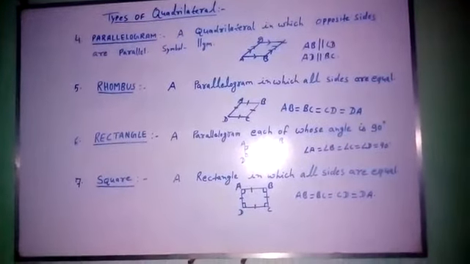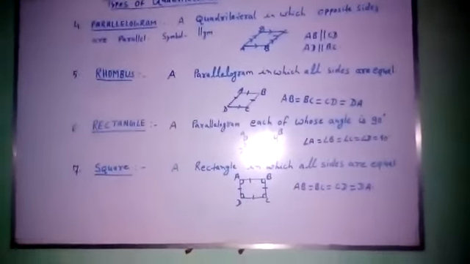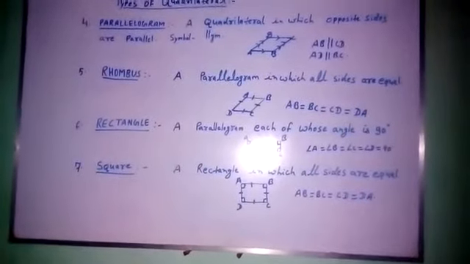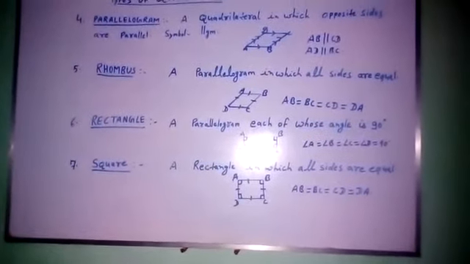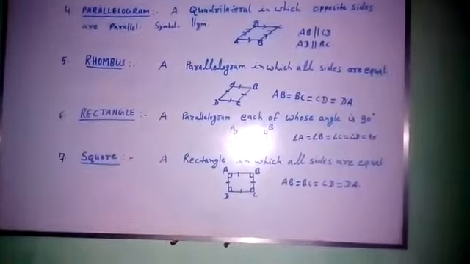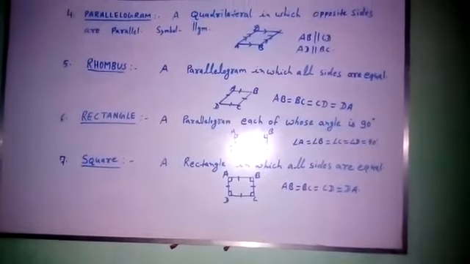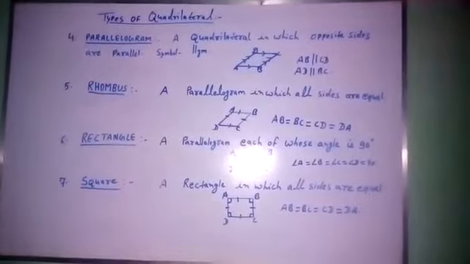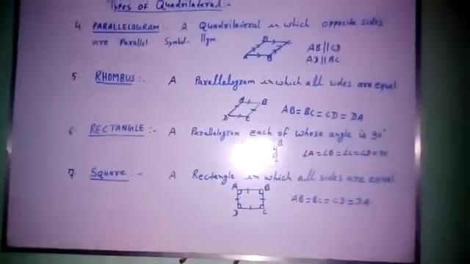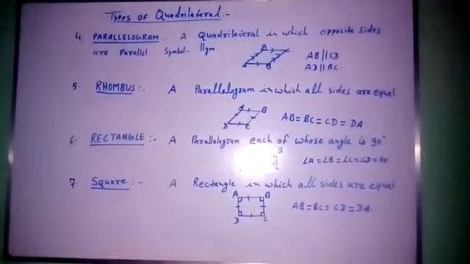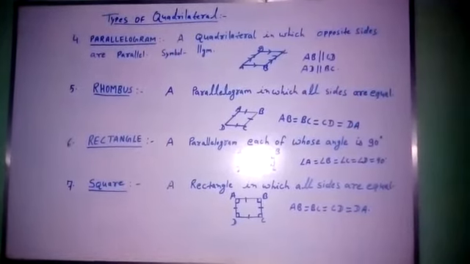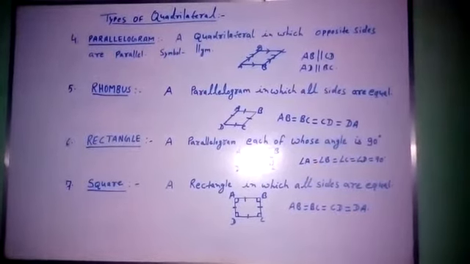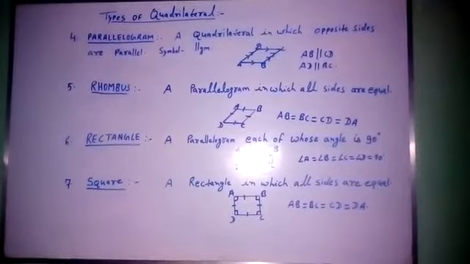In the previous definition, rhombus is also a type of parallelogram in which the sides are equal. Now in the rectangle, all angles are 90 degrees. So here angle A equal to angle B equal to angle C equals 90 degrees. Understood? So it is a rectangle.